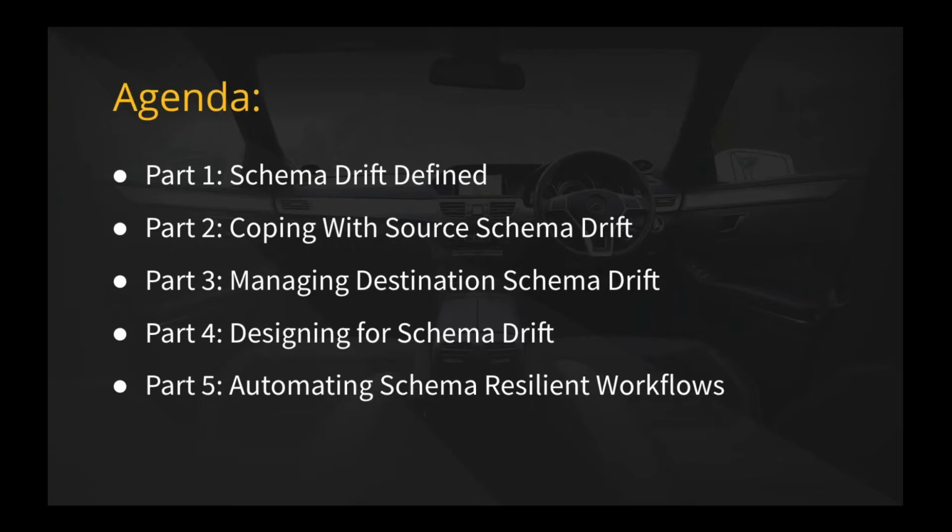And then building on our playbooks from the first part of the webinar, we'll look at designing resilient workflows from authoring through to automation that build on the guard strategies we discussed earlier. By the end of this webinar, you will have several playbooks and tools to build and automate workflows using FME that are robust against schema drift, so you can save time and frustration in your day-to-day data integration tasks.